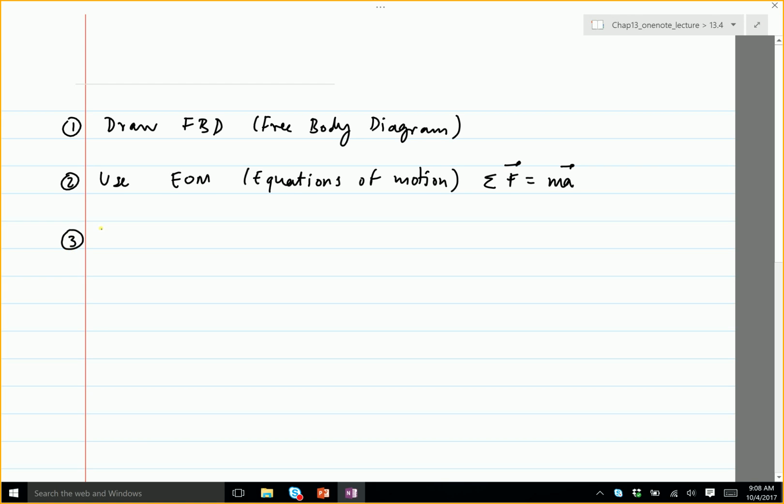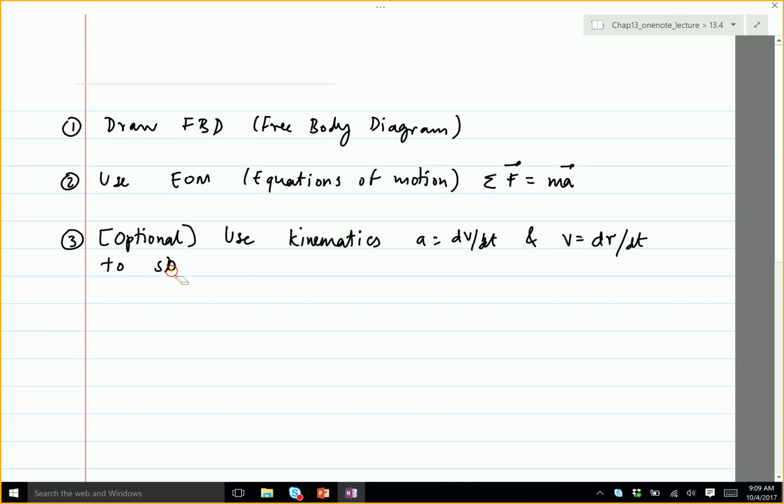And the third step, and this is optional, it depends on the question you're going to get, is use kinematics, that is a equals dv/dt and v equals dr/dt, to solve for v and r as required.